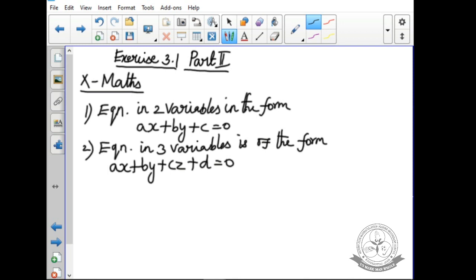The graph of the equation in three variables is a plane in 3D.